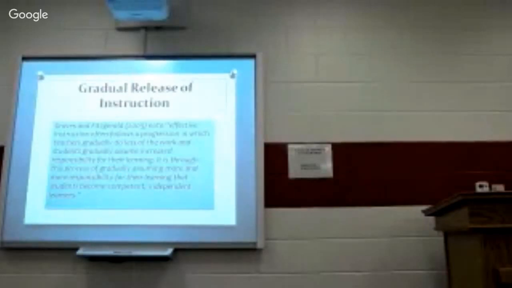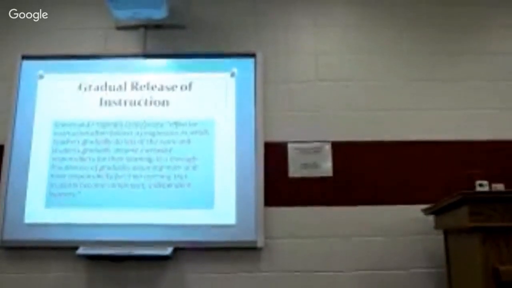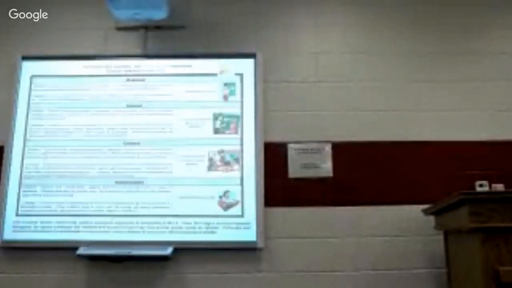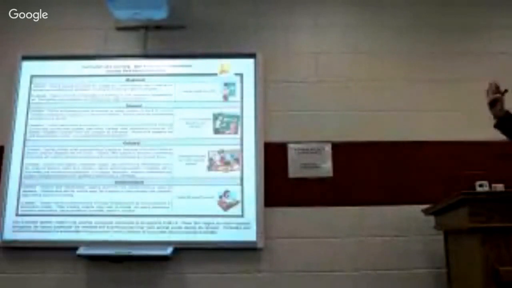Through that progress of gradually assuming more and more responsibility, students become competent, independent learners. So really the goal is to take students through that gradual release for kids to do it on their own. And so we'll be talking about the gradual release of instruction.